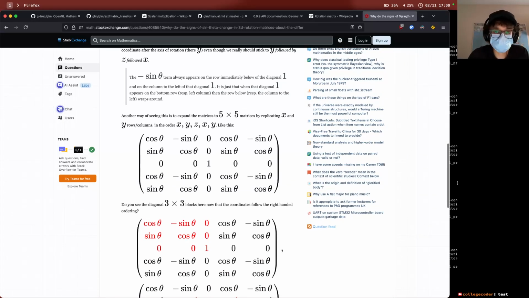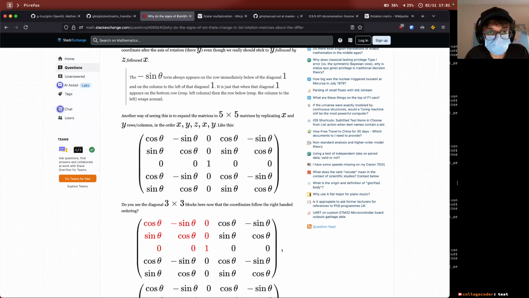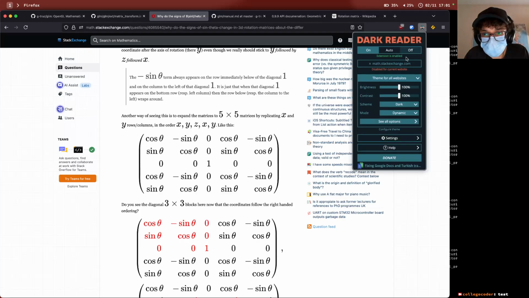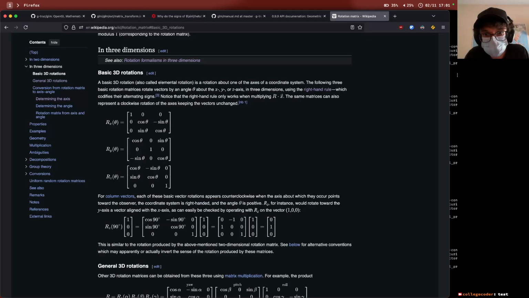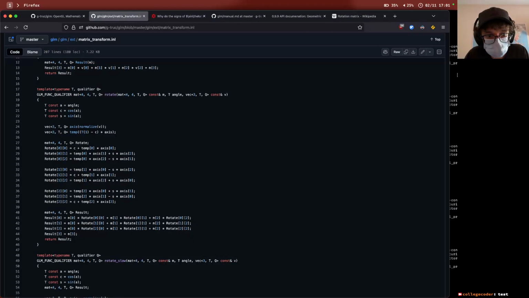I'm assuming it has to, let me move this window nearer and let me close this. So it gets a floating point number. Let me get dark mode on this because my eyes are dying right now. So it goes cosine times axis 1 plus s being the sine.